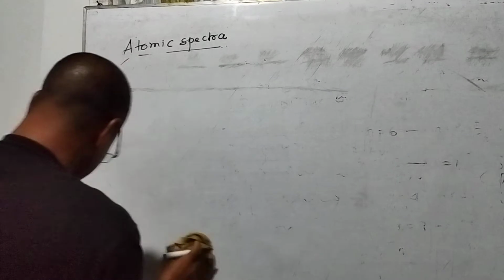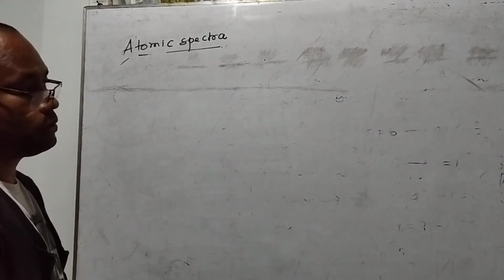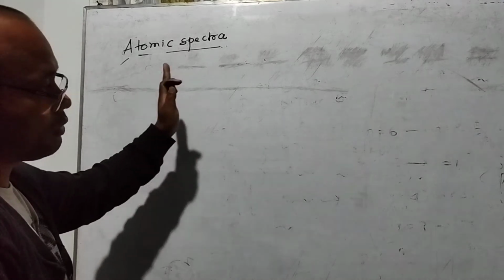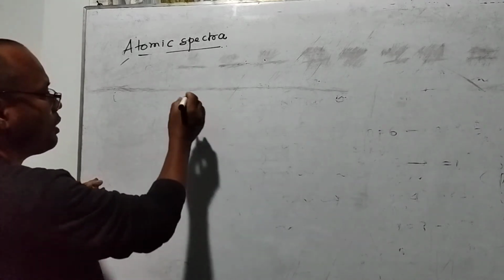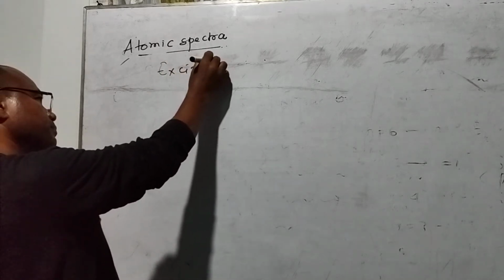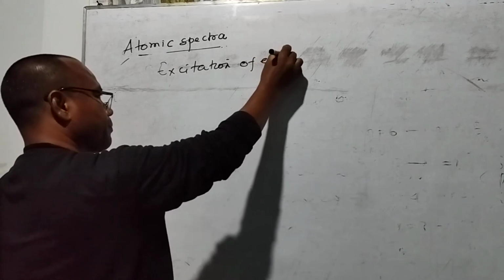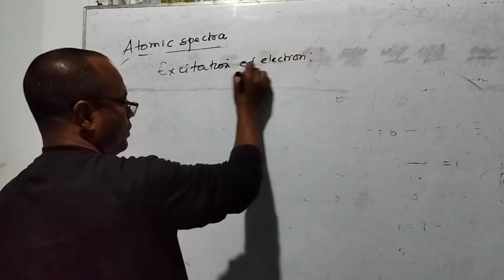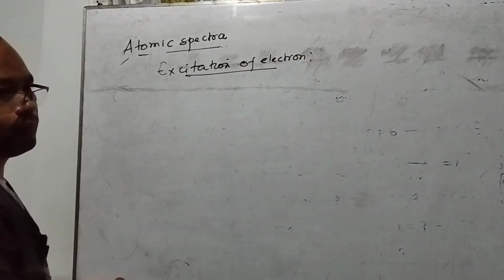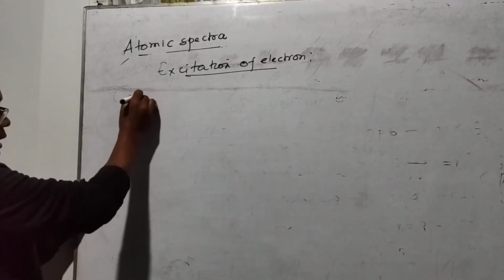Now here, in the excitation of our electrons from the higher energy level to the lower energy level, I write the excitation of the electron. So excitation of the electron from the higher energy level to the lower energy level. What are the higher energy levels?